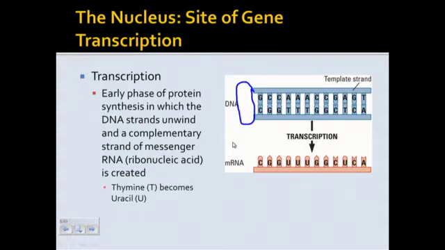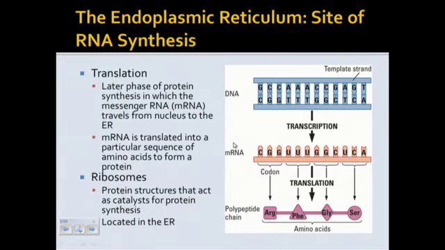Once that DNA molecule is transcribed into a messenger RNA, it goes to the next step, which is translation, the second step. The messenger RNA strand leaves the nucleus and attaches itself to a ribosome, which are found on the endoplasmic reticulum.